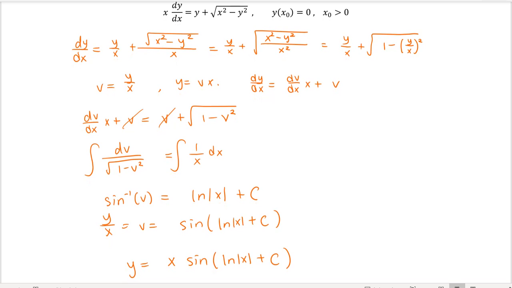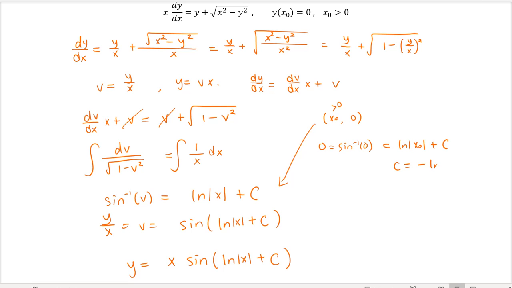And oh, we have an initial condition. So y of x0 is 0. Okay, we can plug in here. So x is x0, greater than 0. Okay, we put that in. v is y over x, so that is also 0. x sine of 0 is 0, and ln of x0 plus c.